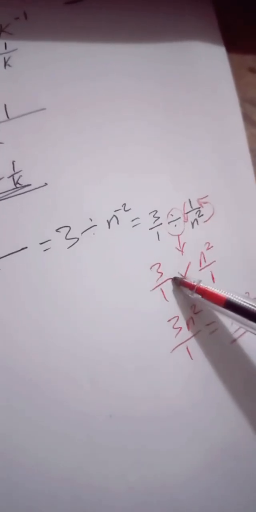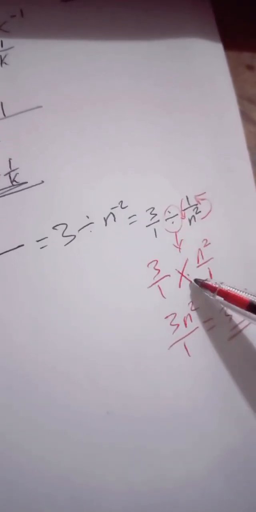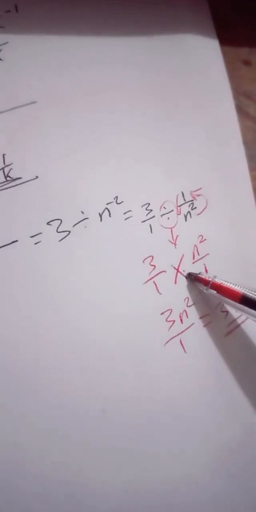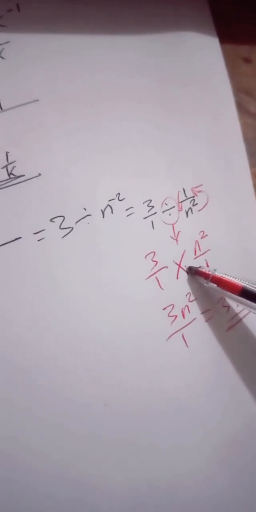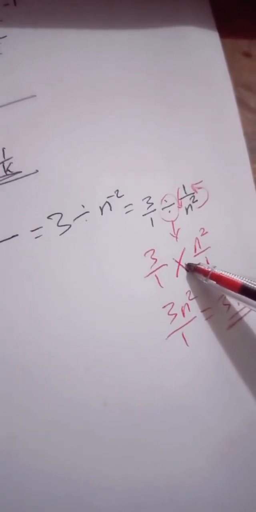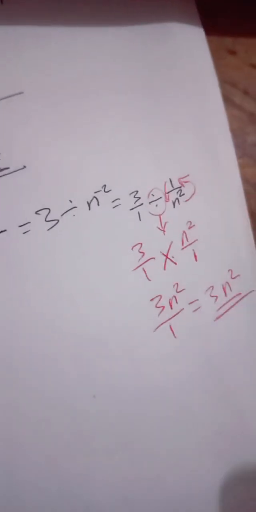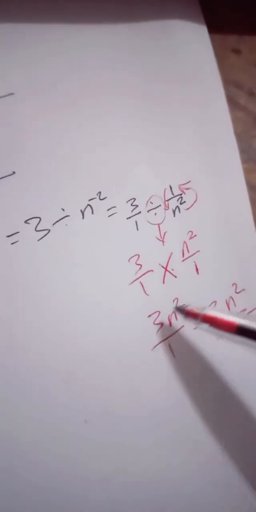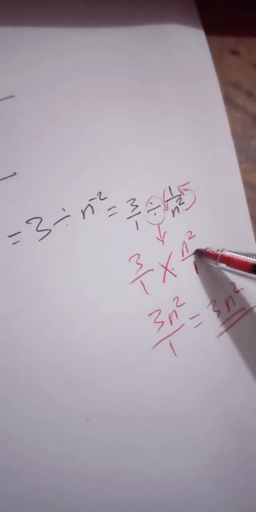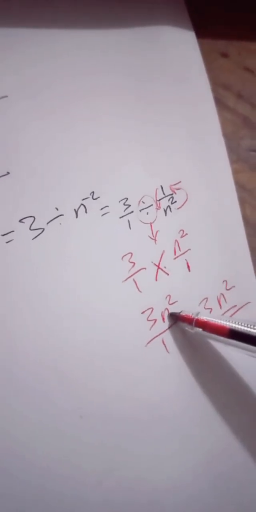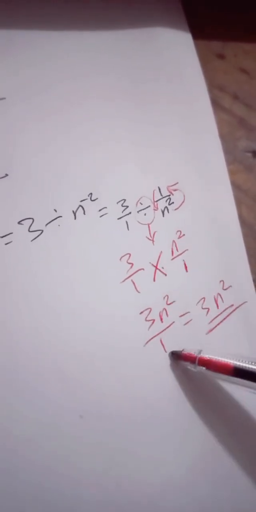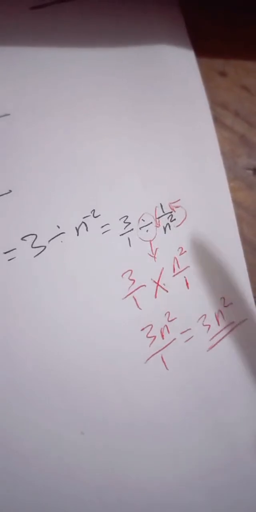So 3 over 1, change the division sign to multiplication. This concept we did in grade 6, 7, 8, somewhere there. Right? From there, switch n squared on top over 1. 3 times n squared, 3n squared. 1 times 1, 1, which is 3n squared. That is our answer.